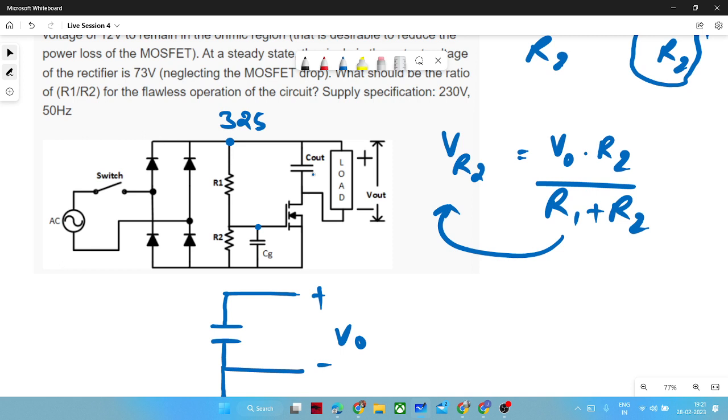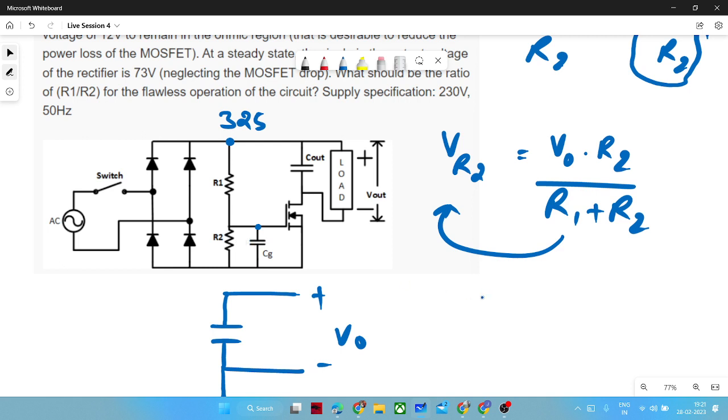Sir, repeat again. Yeah, so see, during startup, you need to maintain the maximum value of the resistance of this MOSFET, such that your MOSFET does not get turned on and it will offer higher resistance during the inrush period, right? For that condition, what will be the output voltage? Since you are going to apply the voltage division rule, if Vout is less, then your VCG or VR2 will be less, right?